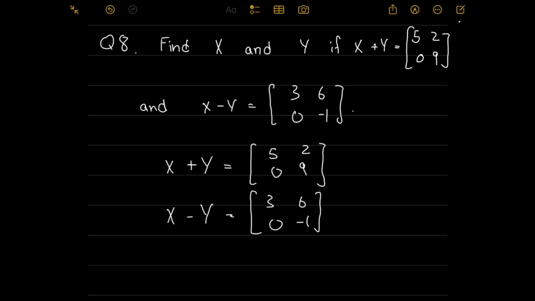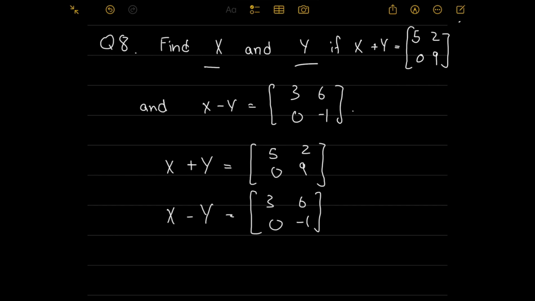So actually we need a single variable, and we need to remove the other one, so we could have the value of one variable, and we'd put it in these equations, and we'd get the value of the other matrix. As the question says, find x and y, so we need to find two matrices.